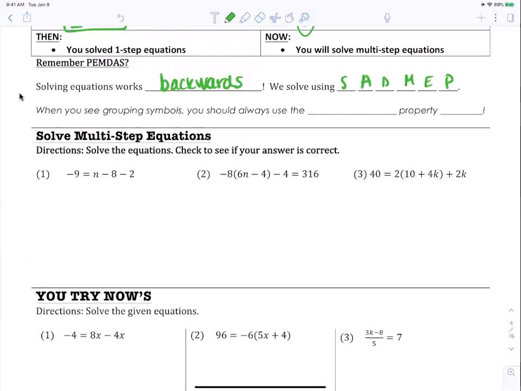If the first thing that we would have done is parentheses, then that becomes the last thing that we would do in equations. Now you're gonna find out real quickly that sometimes we kind of do these steps out of order, just like we simplify sometimes out of order. But the idea is that, especially when you see grouping symbols, we should always use the distributive property first. All right, so just like when we simplify, we would use the distributive property afterwards.